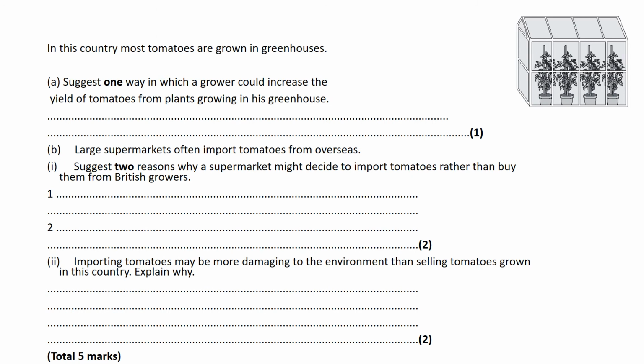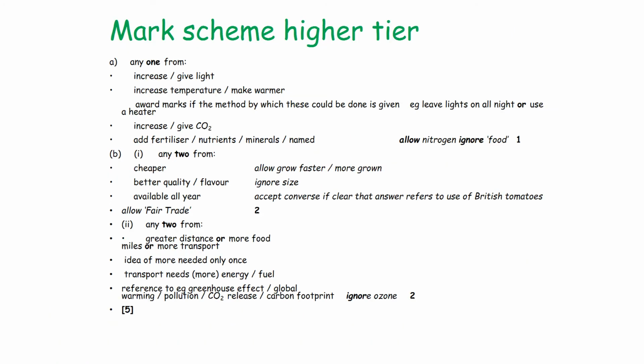Okay, so part 2. Importing tomatoes may be more damaging to the environment than selling tomatoes grown in the UK. Explain why. Now think about this. This is about our bigger global responsibility. Food miles are a problem. Transporting requires fossil fuels. If you're flying food, it's the most damaging way of transporting food around the world.